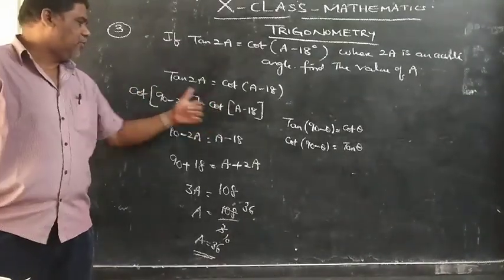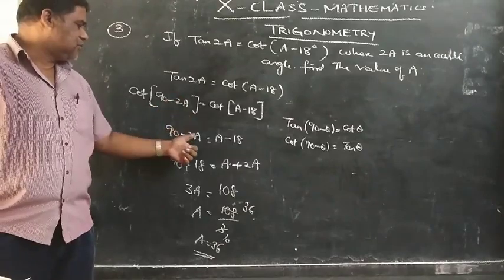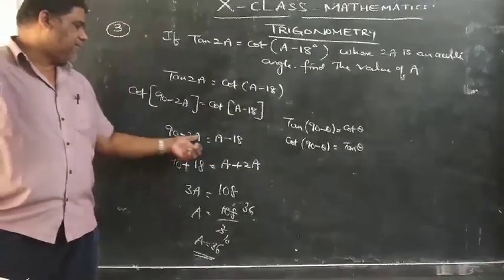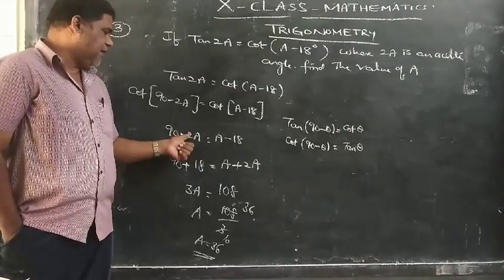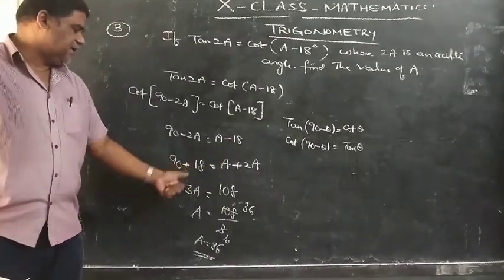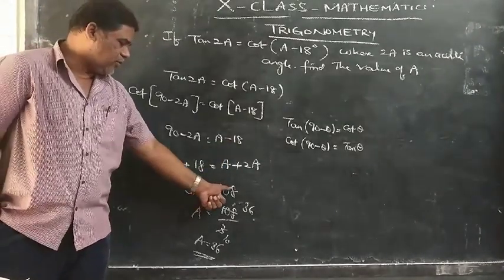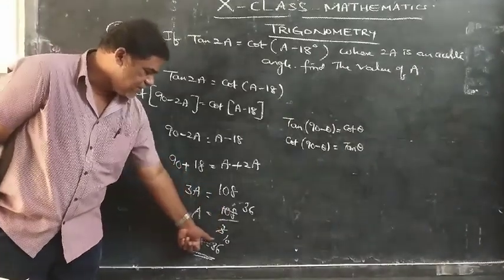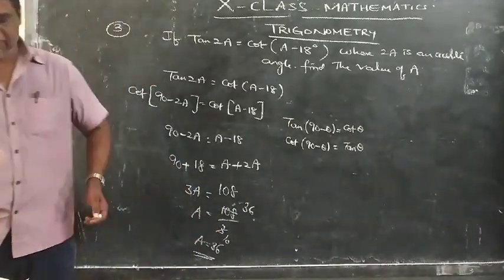Then we will get 90 minus 2a is equal to a minus 18. Send all a's one side, numbers other side. So you will get 3a is equal to 108. A value is 108 by 3, which is 36.